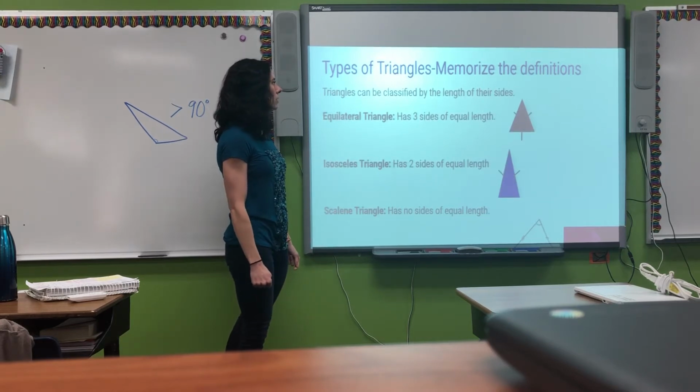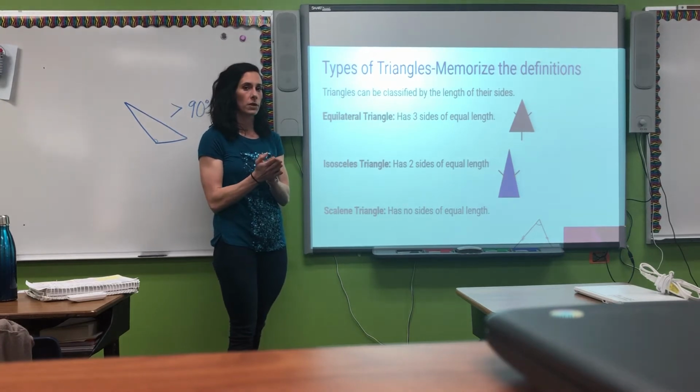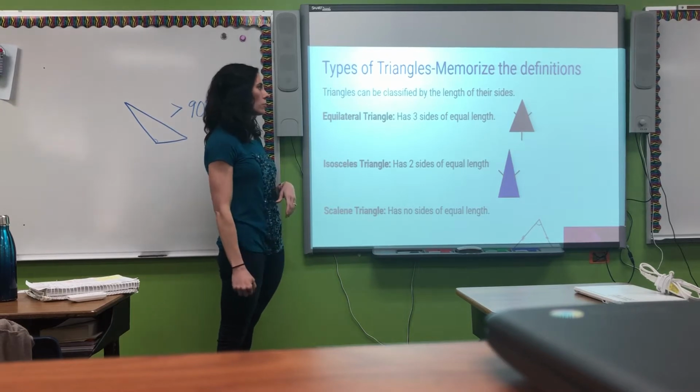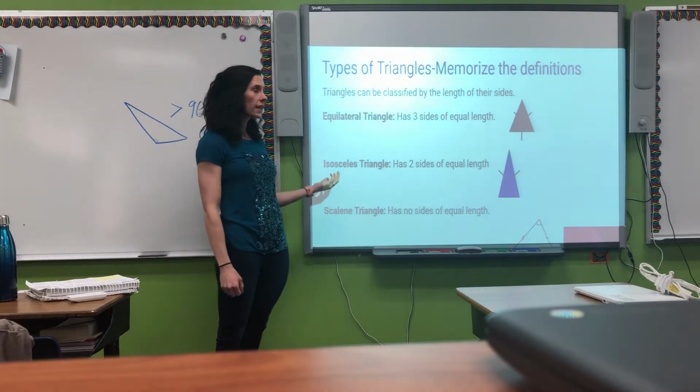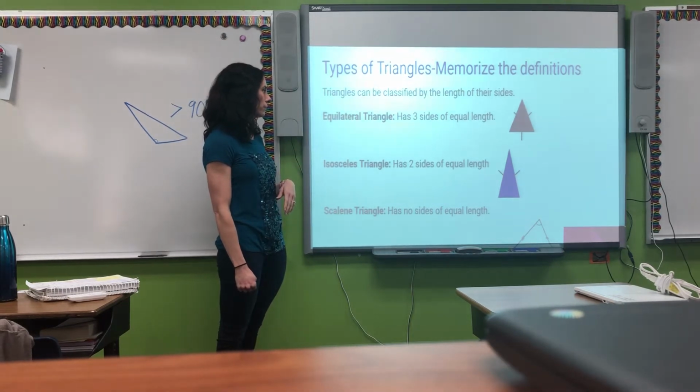All right. Here we're going to talk about, so there's 2 ways to classify, okay? And in your book, you're going to be asked to use both ways. So the first way is by their angle measurements, and then the second way is by the length of their sides, okay?